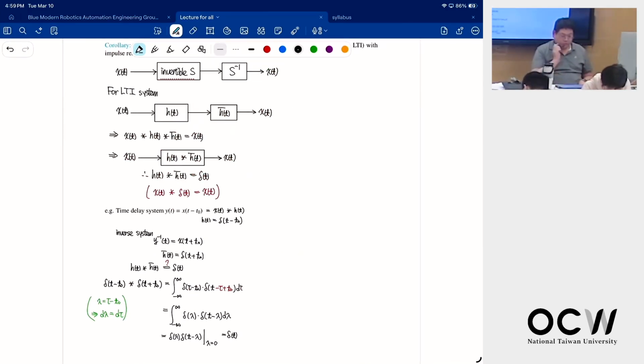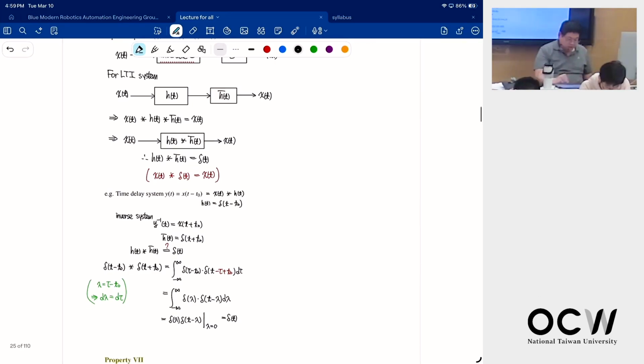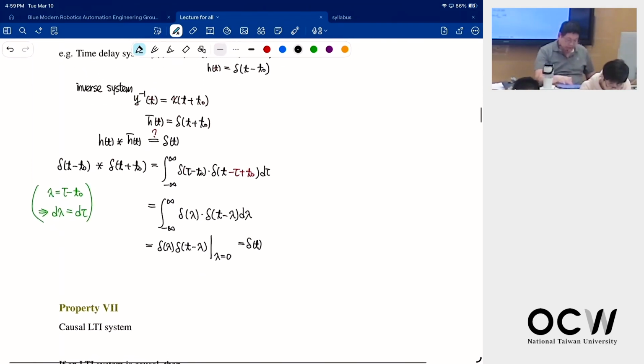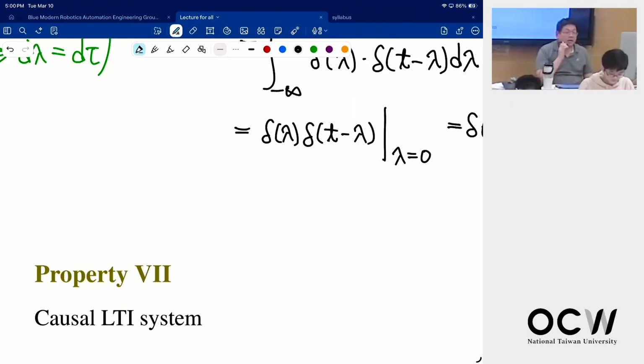Two more properties. We talked about the LTI system if they are memoryless, invertible. Next, let's see the causal LTI system. Okay. So what does that mean if the system is causal? So the output only depends on the current and also past input, right?